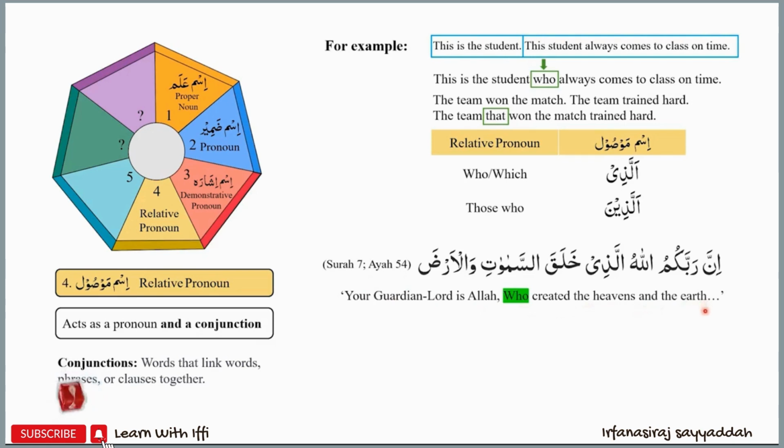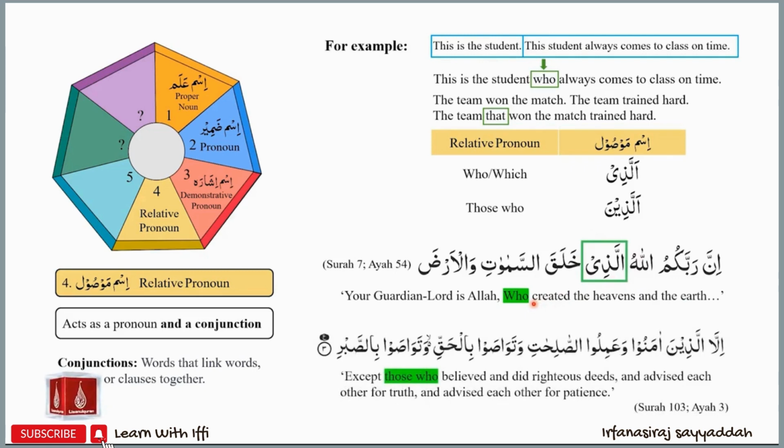In this ayah, the word who is playing the role of the relative pronoun. Who is being used as a pronoun for Allah, and who is also connecting these two statements together. In the Arabic text of the ayah, the word allazi is used for who.